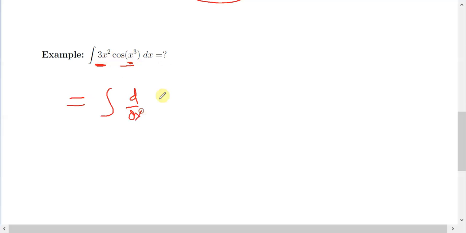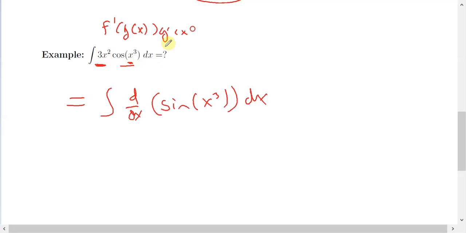If you take the derivative of, well, let's see, I'd have to be taking the derivative of sine x cubed. So I did a little bit of work in my head there, because I could see if it was a chain rule, I'm looking for something of this form. So this would be my g prime, this would be my g on the inside, but this cosine would need to be f prime, meaning the derivative of something.